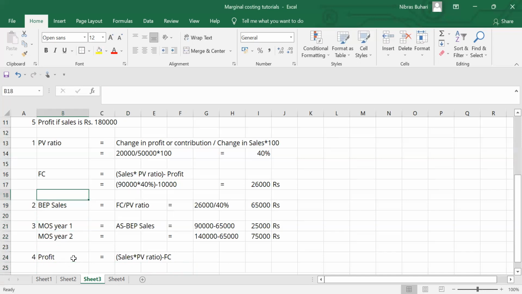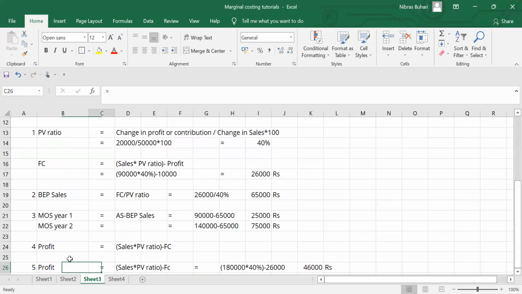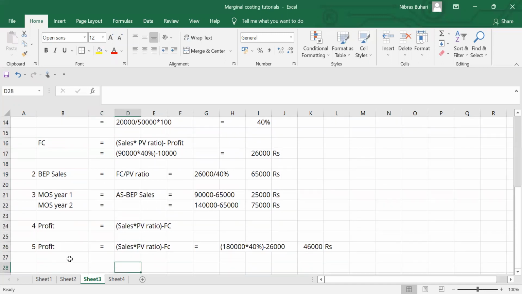So here you can see the same formula, fixed cost is equal to sales into PV ratio minus profit. Profit is equal to sales into PV ratio minus fixed cost. This fixed cost and profit is just interchanged. So what's the profit here? Sales into PV ratio minus fixed cost. 1,80,000 into 40% minus 26,000. It is 46,000 rupees.